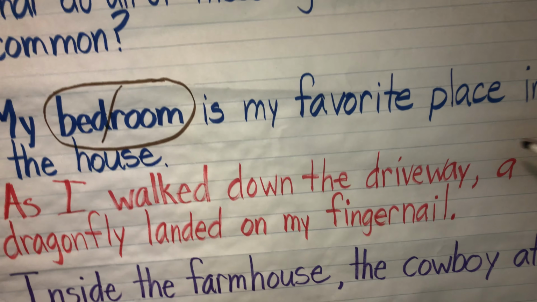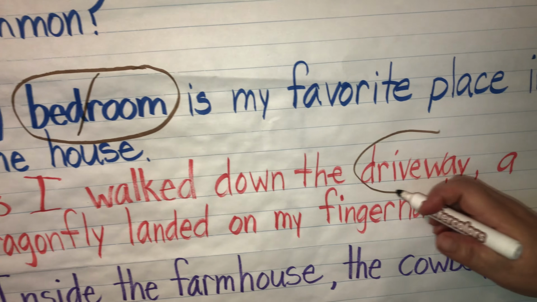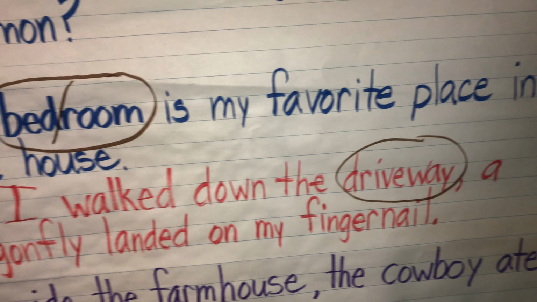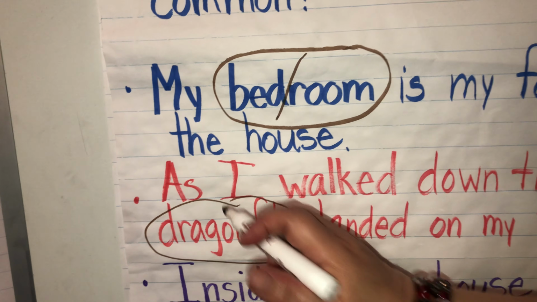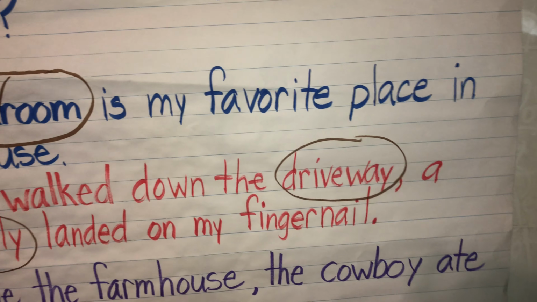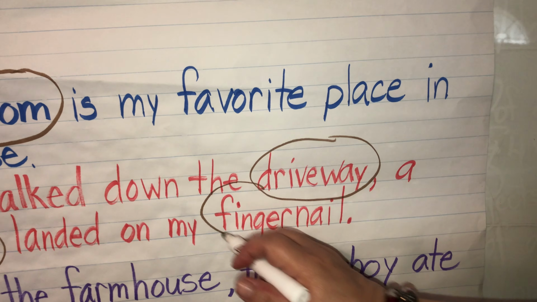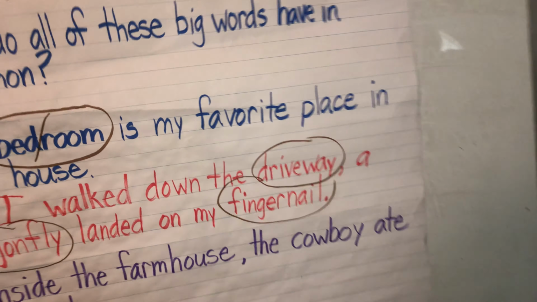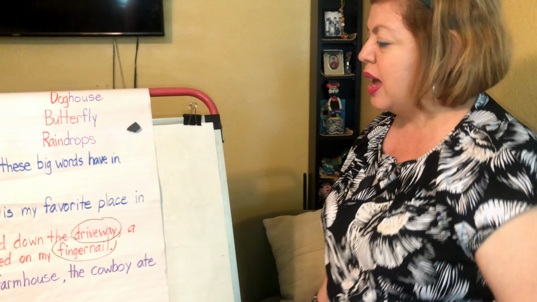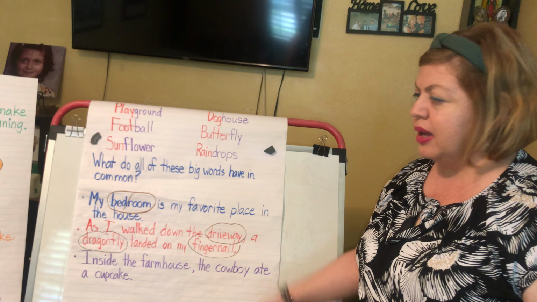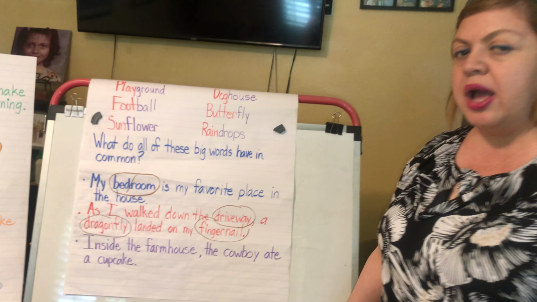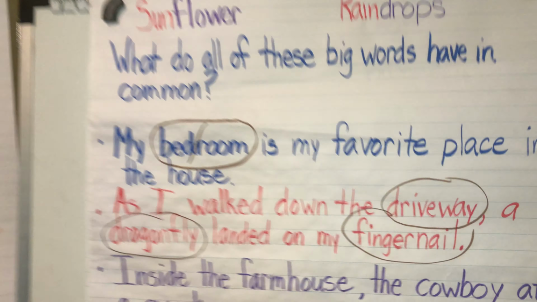If you said driveway, and you said dragonfly, and you said fingernail, then you are correct. Those are the three compound words in that sentence. Now, if I go back and look at them carefully, driveway, which two words make up driveway?